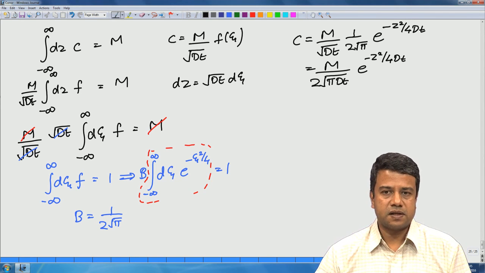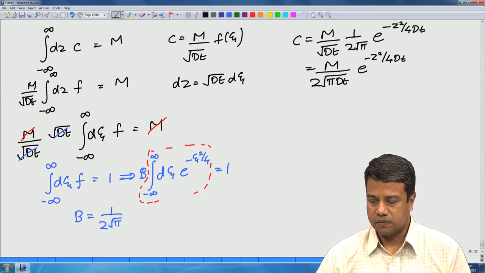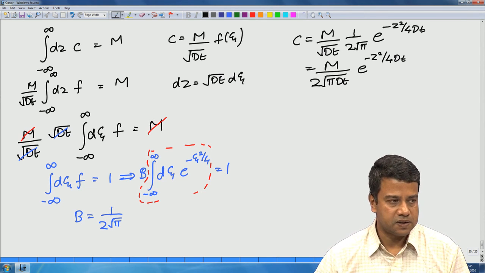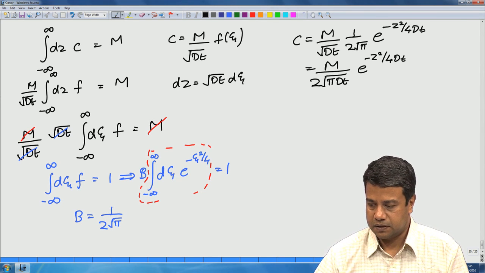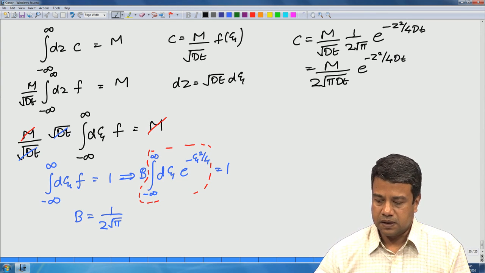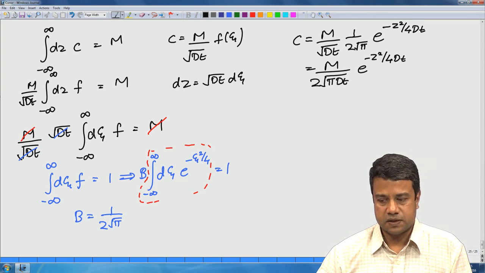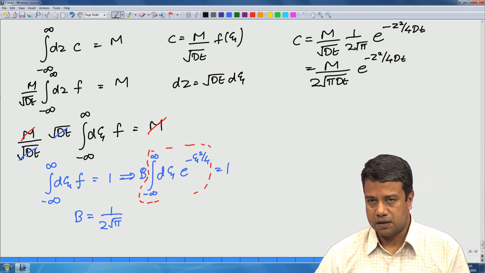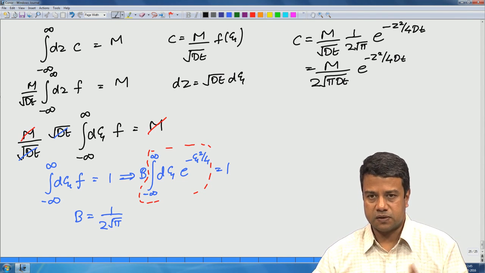So, this is the concentration field for a pulse input, in which the initial amount of material put in per unit area was equal to m. In this, as I said, the maximum concentration decreases as 1 over square root of dt, and the width of the pulse increases proportional to root dt.